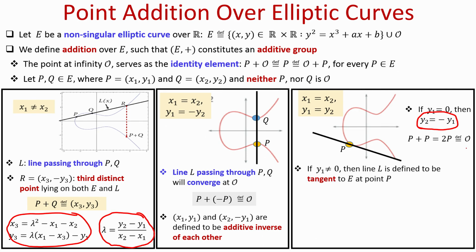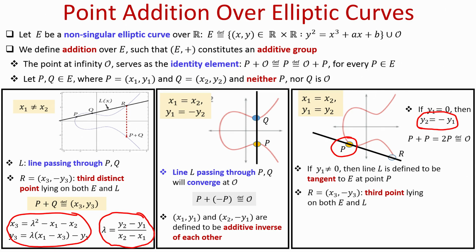On the other hand, if y1 is not 0, say we have a point P and we want to add P to itself, then the line passing through this point is defined in a different way. The line here is basically the tangent to this curve E passing through the point P, and we see where exactly the tangent touches the curve.